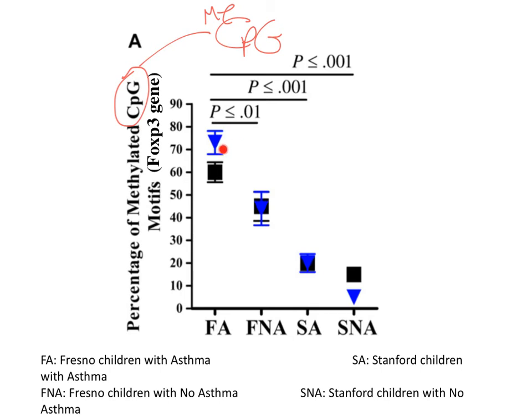And a pretty sizable difference between people that have asthma and people that don't in the same geographical location. So in conclusion, somehow the environment impacts gene expression. Asthma, methylation, low FOXP3 production, asthma.